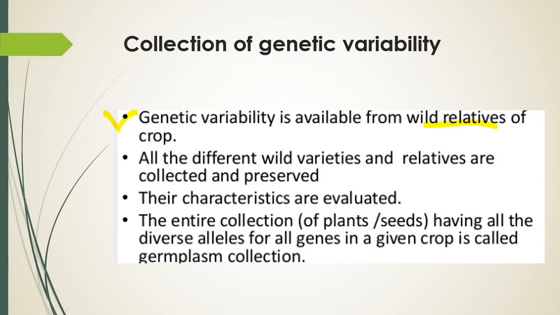Okay, now all the wild relatives, wild varieties, we are collecting them and preserving them. Their characters are evaluated, and this entire collection from which we are getting all these characters is called the germplasm collection. Okay, so that is the first step that we have to undergo, that is the collection of genetic variability.